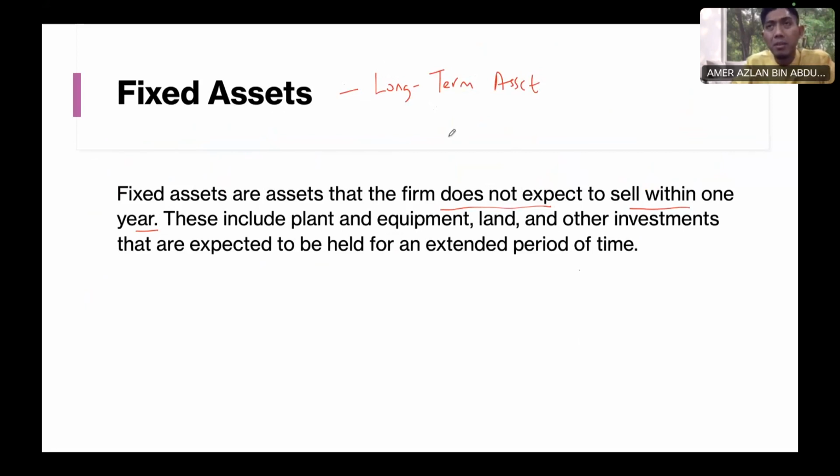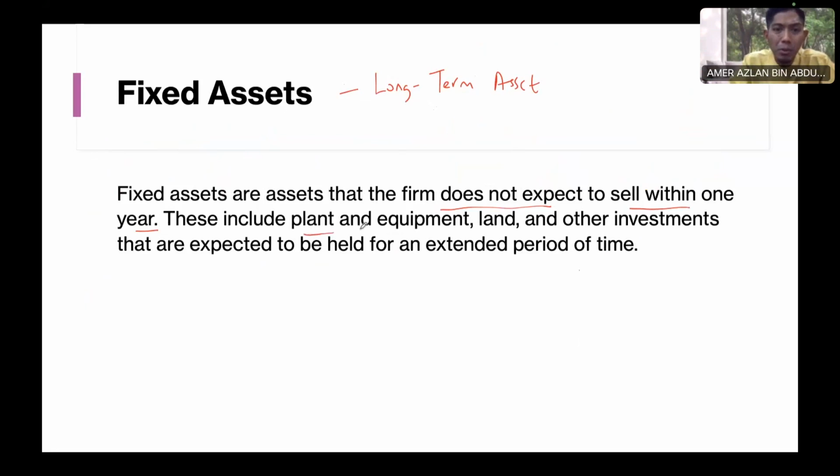For example, your office building. It's not that easy to sell buildings within a few days. It takes time. And this fixed asset is not something that the company needs to liquidate, or cairkan. There's no need for the company to convert buildings into cash, right?